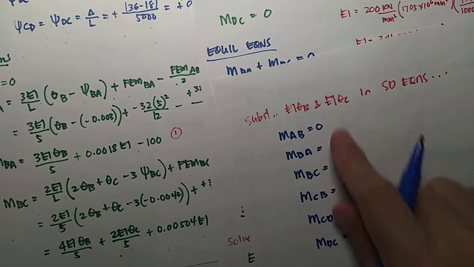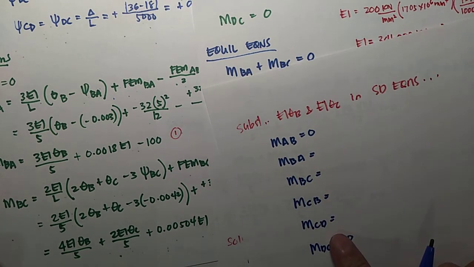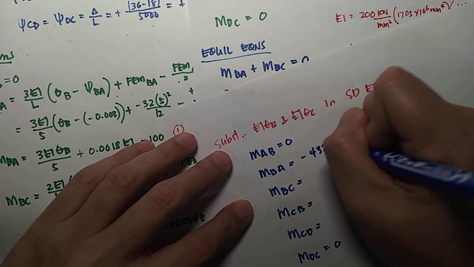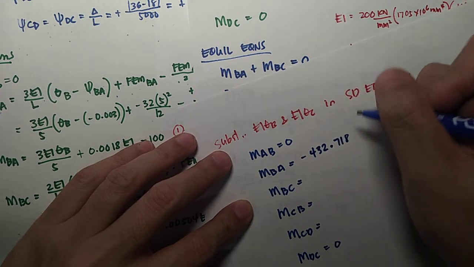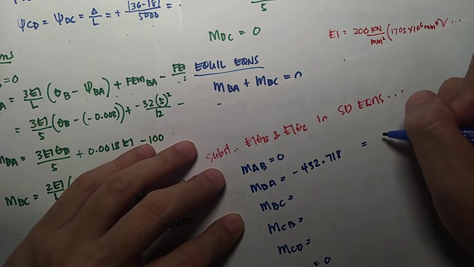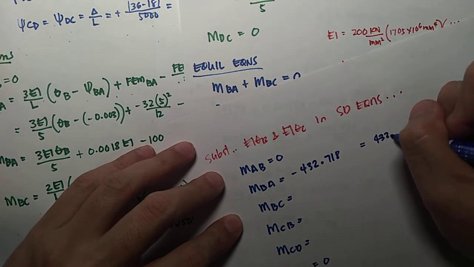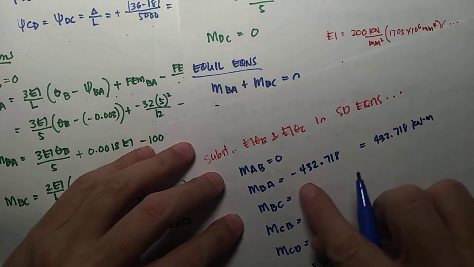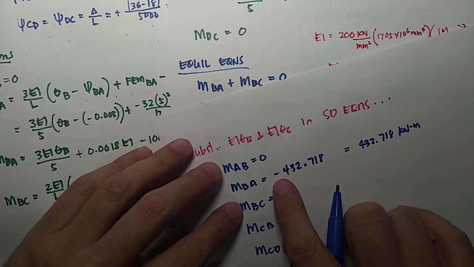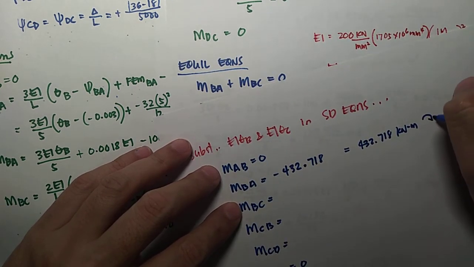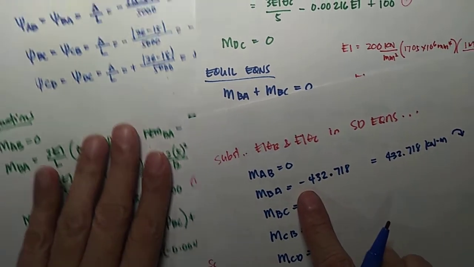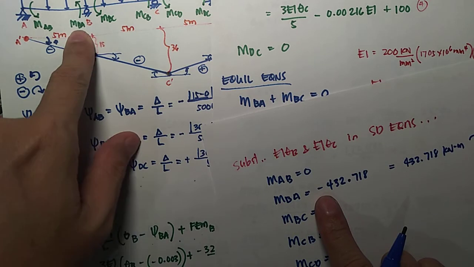So, pagka sinubstitute mo yan, the values there would be, this is negative 432.718. So, that means 432.718 kilonewton meter is the answer. Negative means hindi siya counter, so it should be clockwise. Ibig sabihin, mali yung direction natin nung inassume natin na counterclockwise.